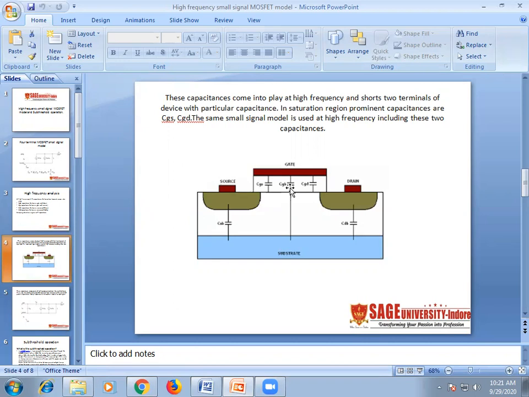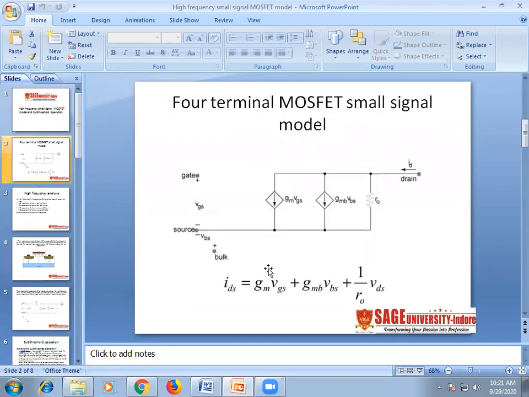Out of these many capacitances, in the saturation region, there are only two prominent capacitances present: gate to source, along with gate to drain. So only two major capacitances are there, CGS and CGD. We will be using the same small signal model which we have studied today, and we'll be using these two capacitances. So this was the model which we have studied.